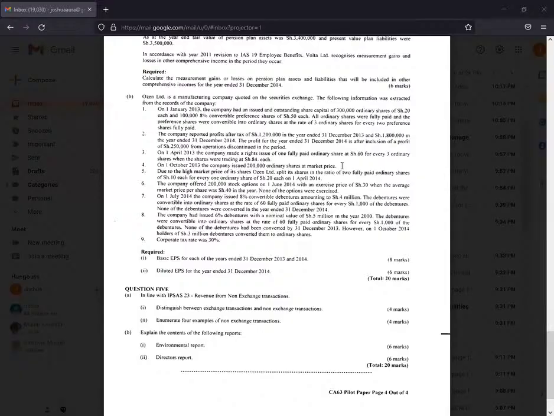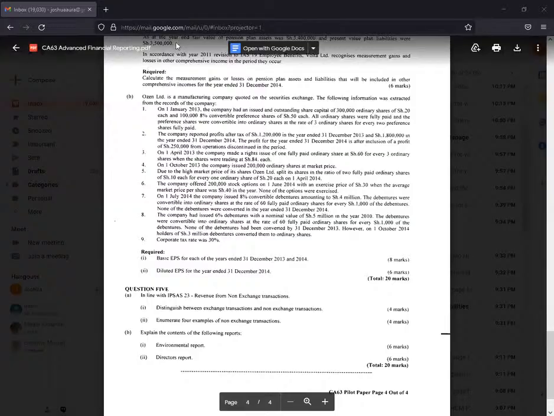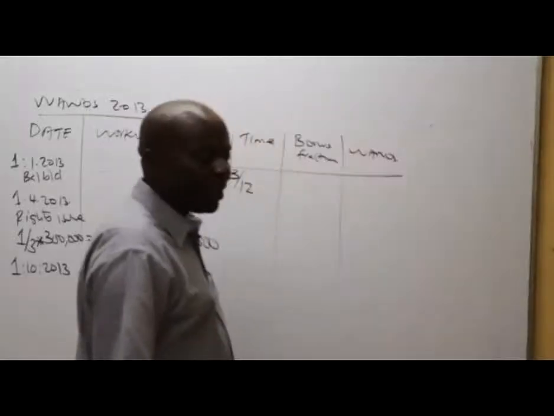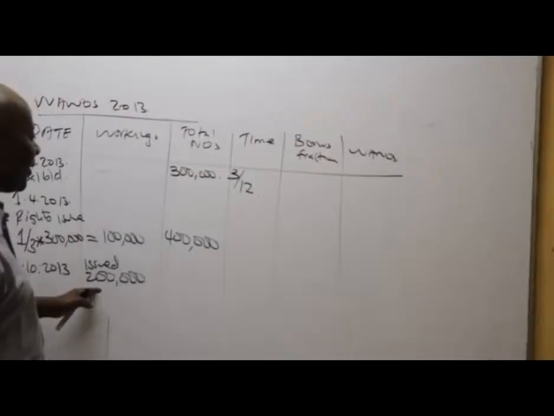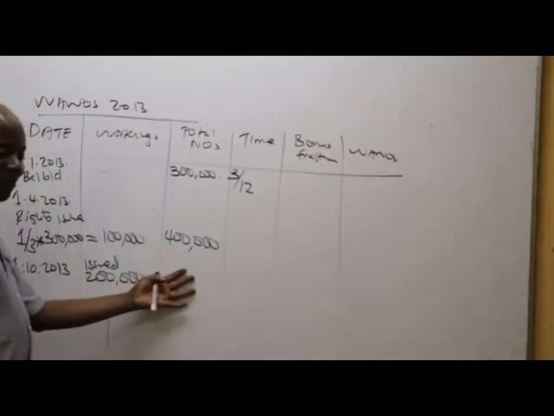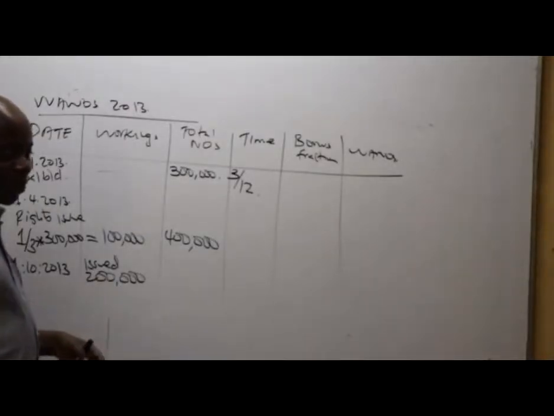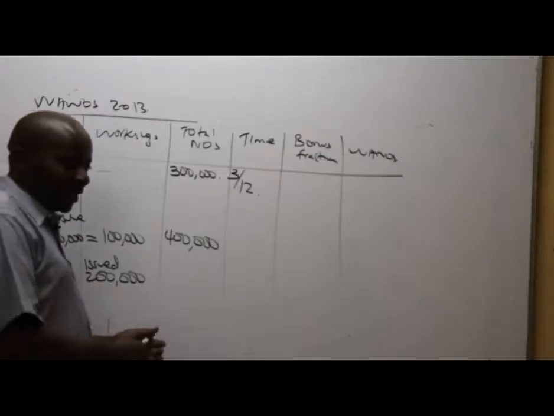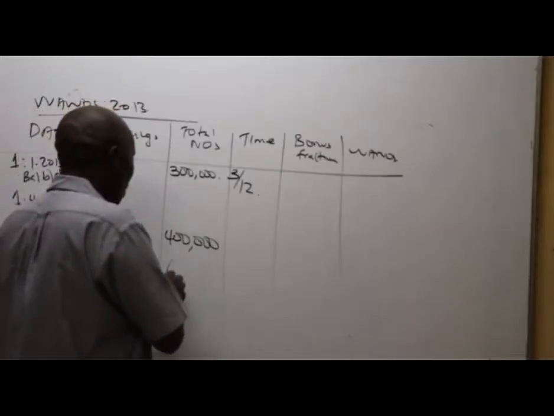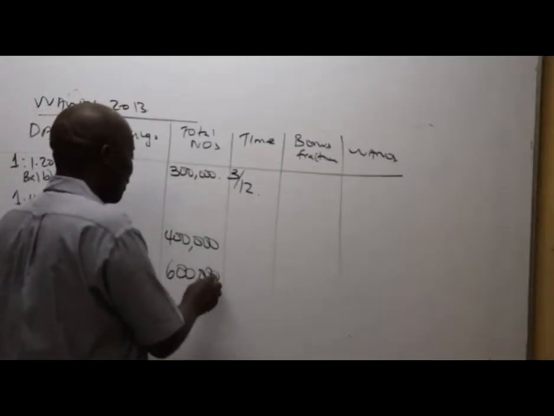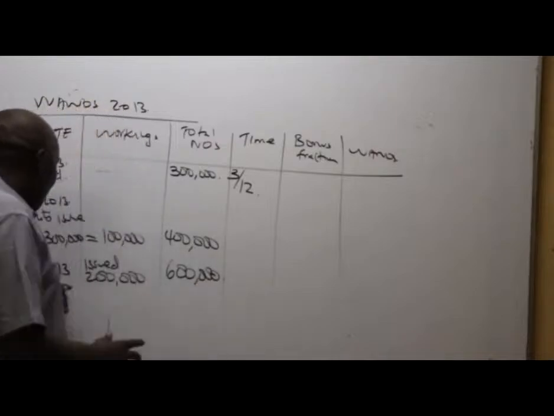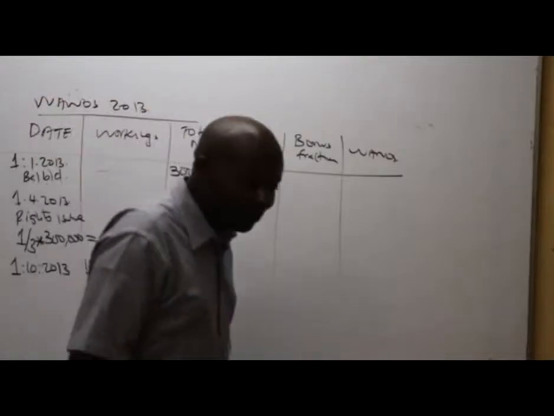There is no problem. This is a normal issue. So we issue 200,000, you simply recognize them. So how many shall we be having in total? 600,000. Thank you very much.